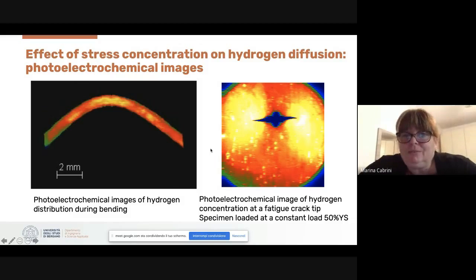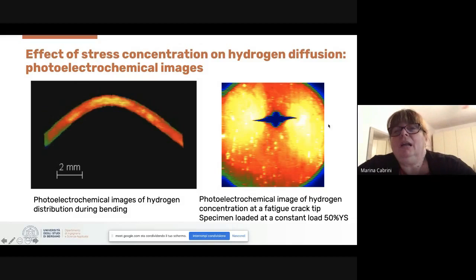And this is another interesting image, always obtained with the photoelectrochemical image. The steel was the same as the field failure, in which it's possible to observe the effect of stress concentration. In this case, we made a hole in a very thick specimen, and from this hole we made a fatigue crack.